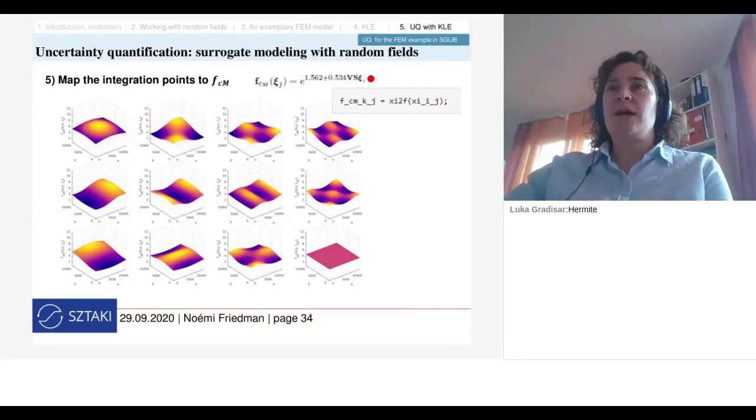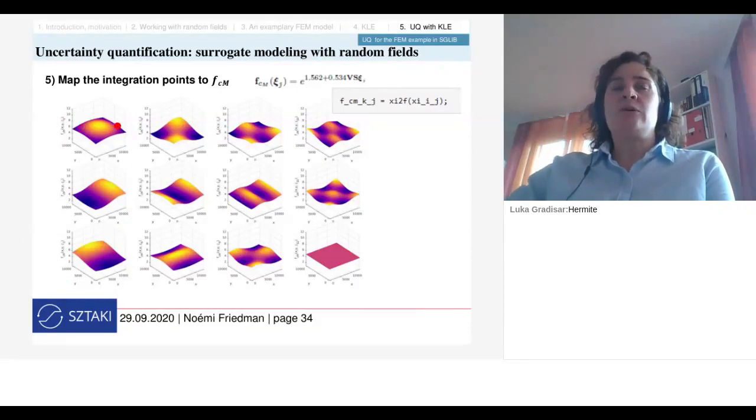And using this map, where this V and S is from the KLE problem that we solved, we get the evaluations of the scaling factors at the different integration points. So if I have 12 integration points, then I will get 12 different scaling fields. These are the 12 different scaling fields that I will have to plug into my finite element computation.